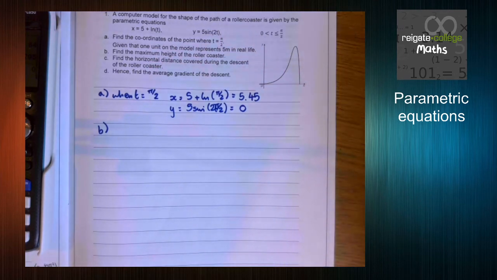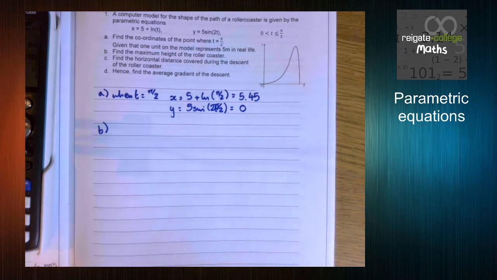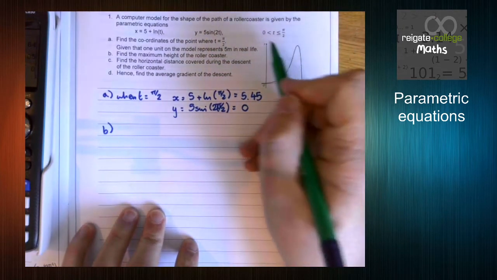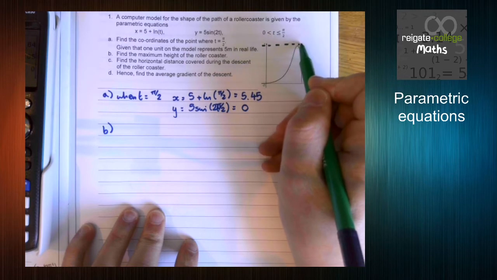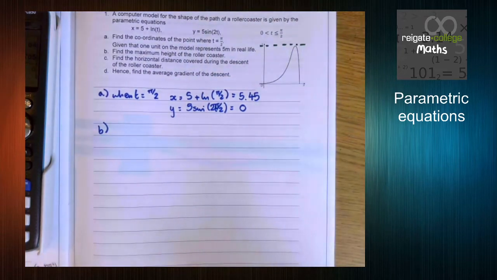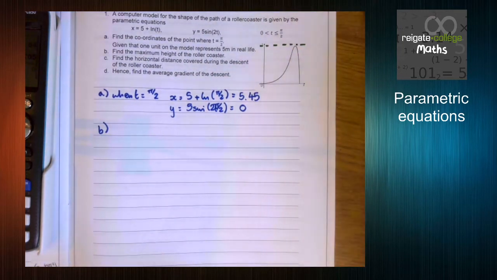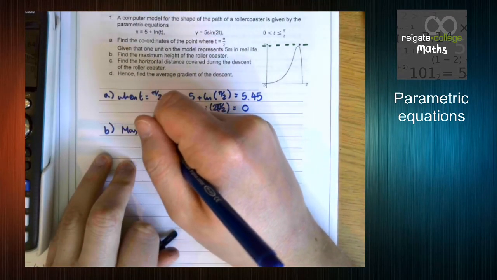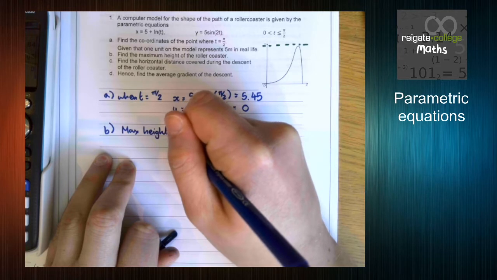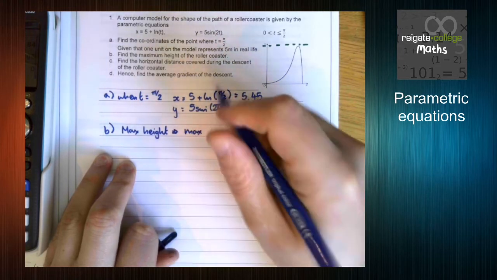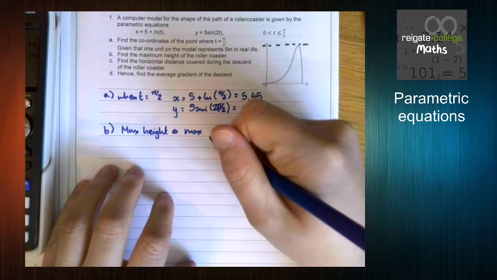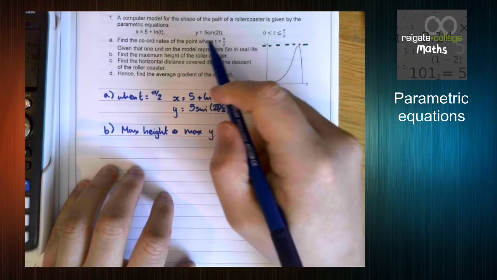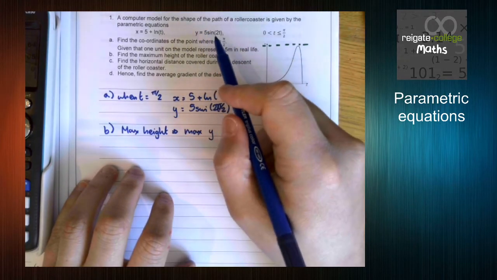We can see here the maximum height is when the y coordinate is biggest. So the maximum height is when we have the maximum y value. Looking at our equation, we have 5 sine 2t.